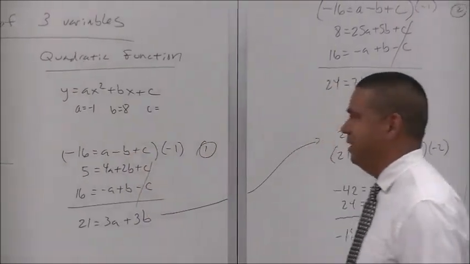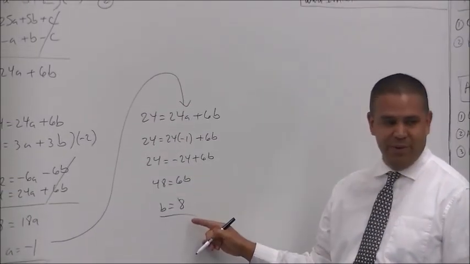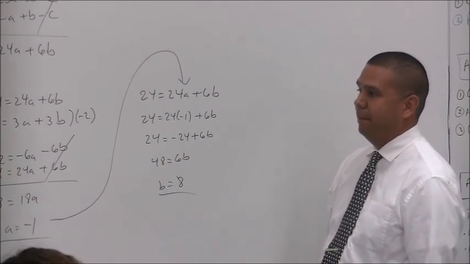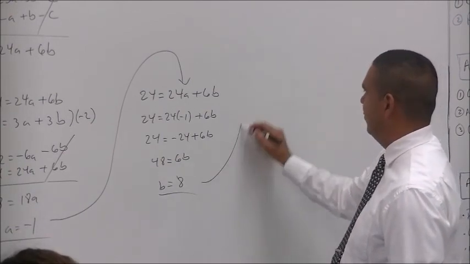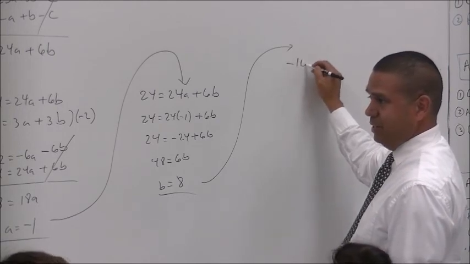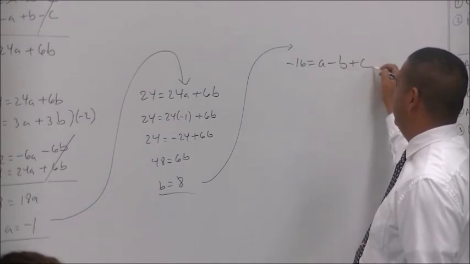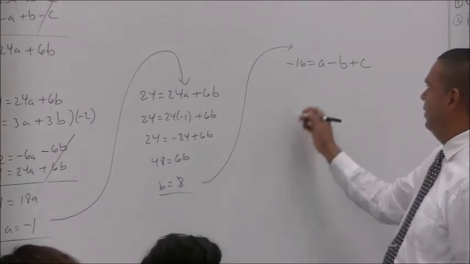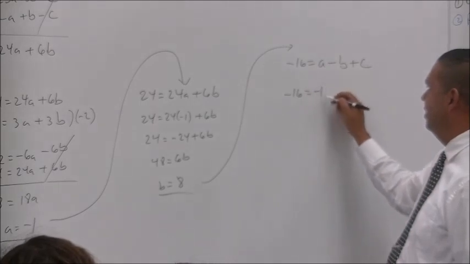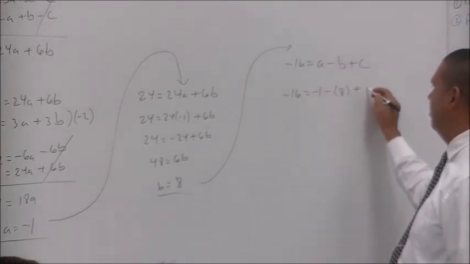How are we going to find C? Now you plug both of those into one of the first equations, right? So, what do we get? The first equation was negative 16 equals A minus B plus C. So we know A is negative 1. And we know B is 8.